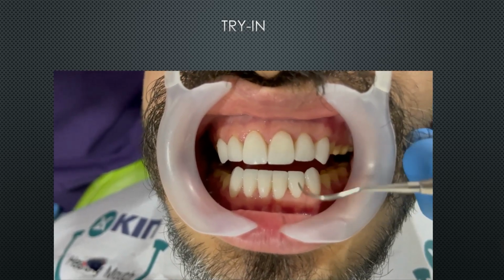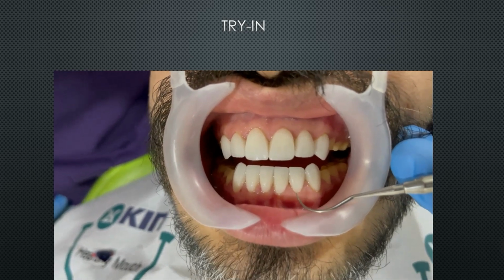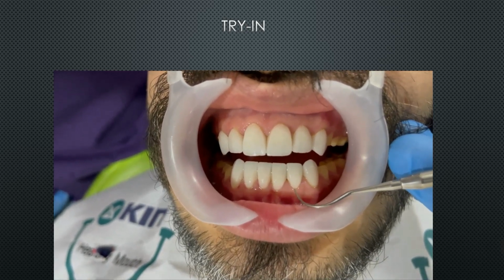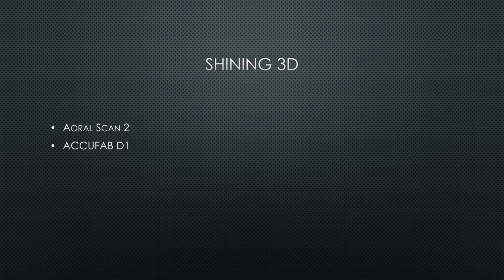Voila. So what we used here is Orloscan 2 and AccuFab D1, with a lot of ceramics and zirconia from different brands, but the things we use from Shining are those two.